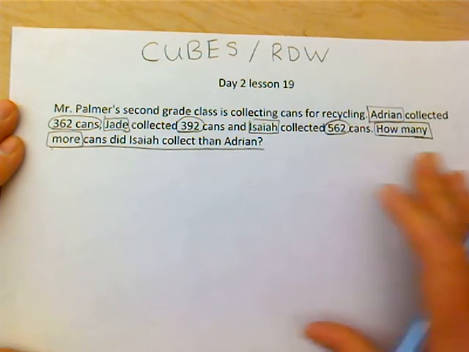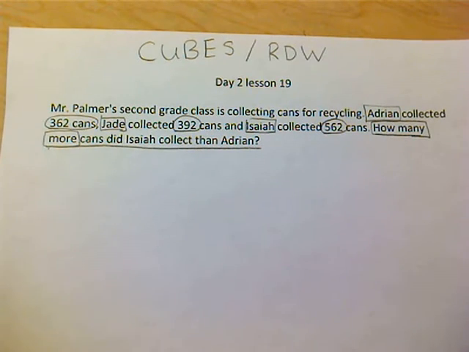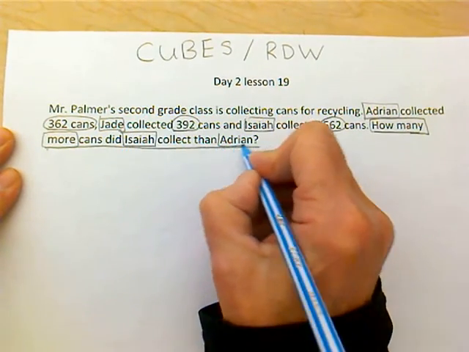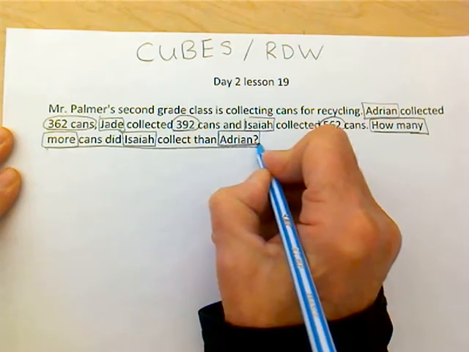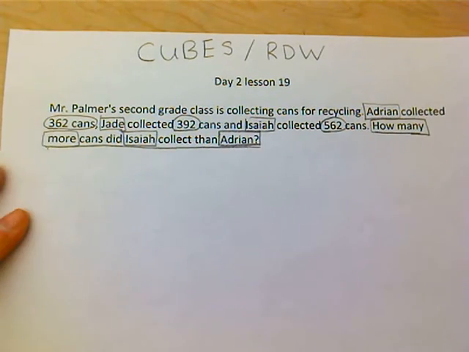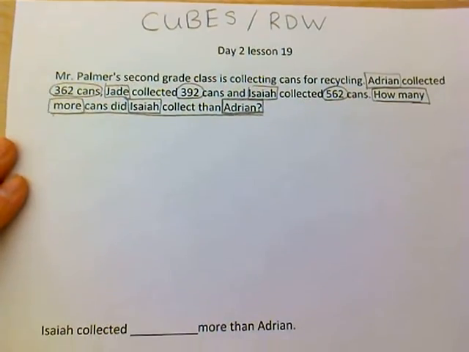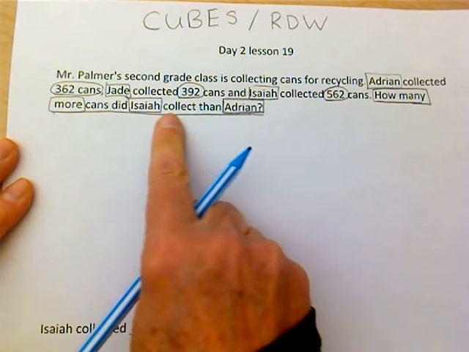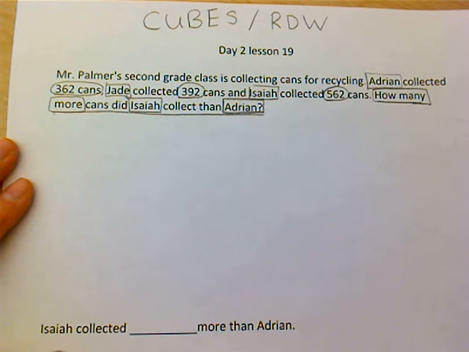As I'm thinking about this, I want you to think about Isaiah and Aiden. Those are who the question is about, so that might give you a hint about which piece of information you are not going to use. The question you're going to answer is, how many more cans did Isaiah collect than Aiden? Isaiah collected blank more cans than Aiden.